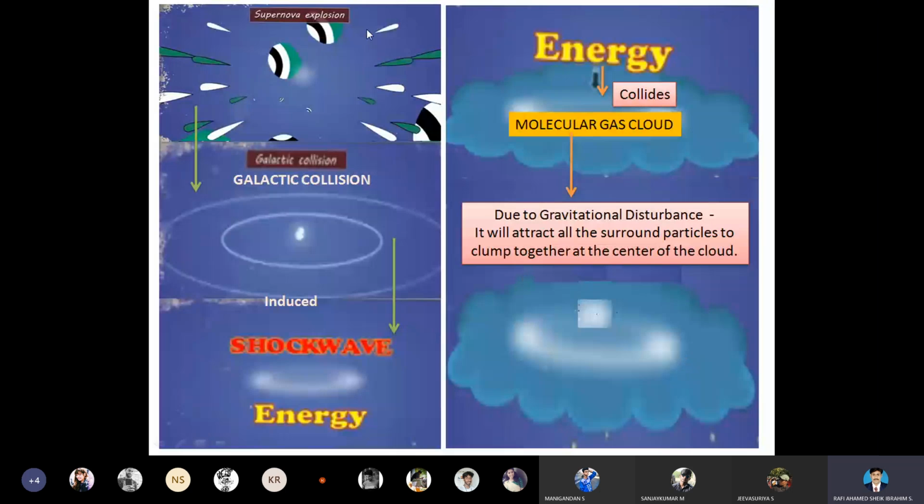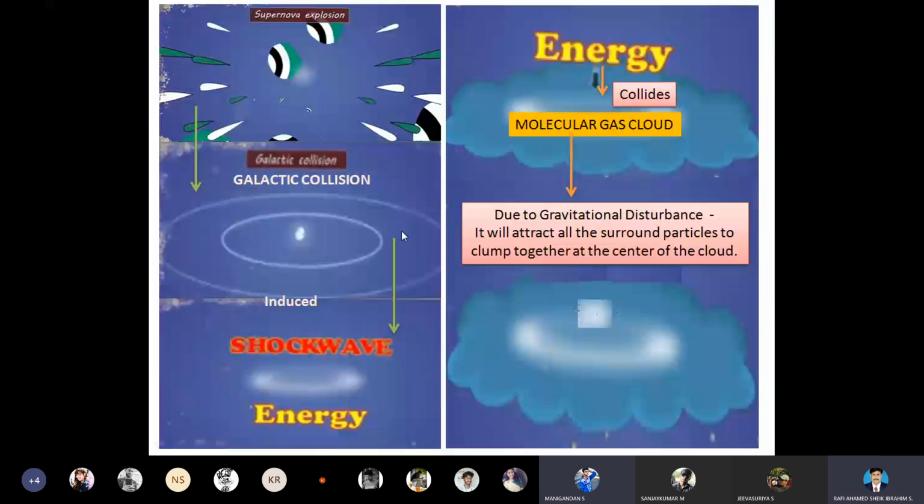So the explosion is the supernova explosion. Actually, the formation of a star is just a cycle: the dying star, growing star, intermediate star. We have different stages of stars in the universe.